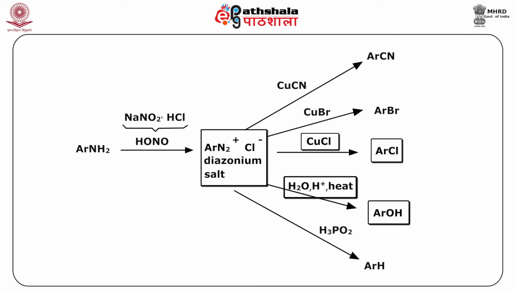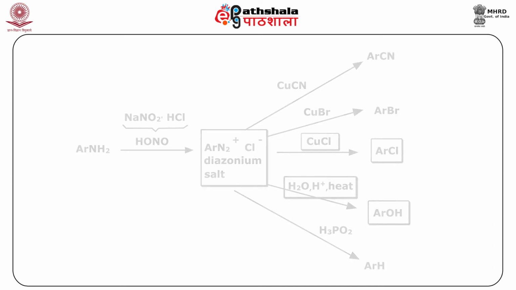It can react in the presence of NaNO2 and HCl, which produces HNO2 in situ, producing the aromatic diazonium salt, which in turn reacts with a number of reagents producing aromatic cyanides, halides, phenols and aromatic hydrocarbons.